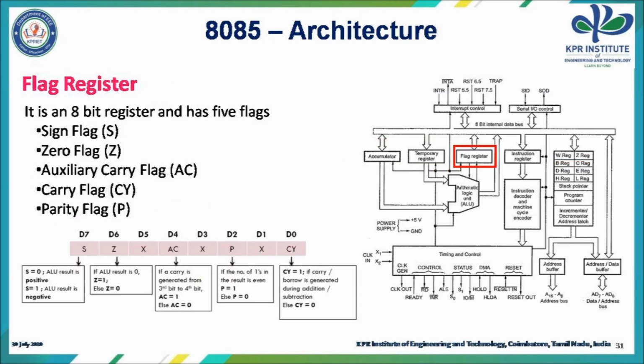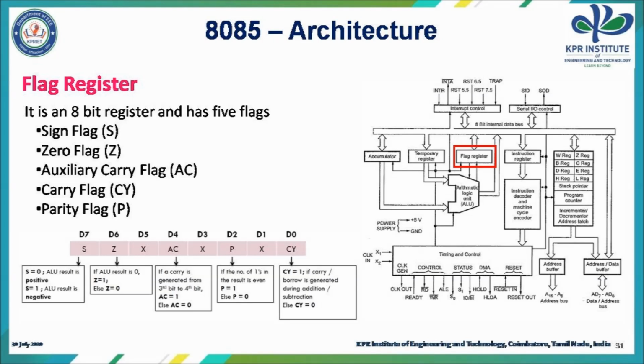Next comes the flag register. Flag register is also an 8-bit register and it has 5 flags: sign flag, zero flag, auxiliary carry flag and parity flag. The diagram shows the details of the flags. The D0 pin is used as carry flag, that is, if carry flag is equal to 1, it means that a carry is being generated during any arithmetic operation.